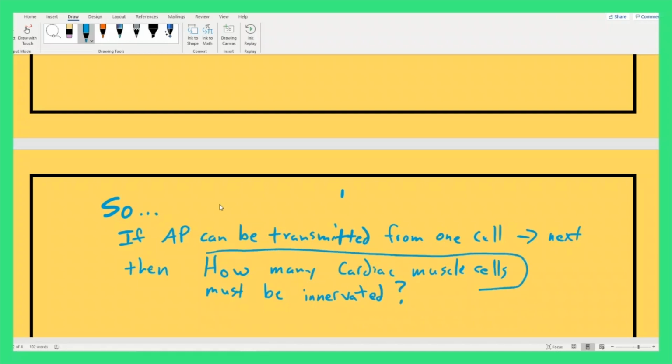If the action potential can travel from one cell to the neighbor, then how many cardiac muscle cells must be controlled by a motor neuron?